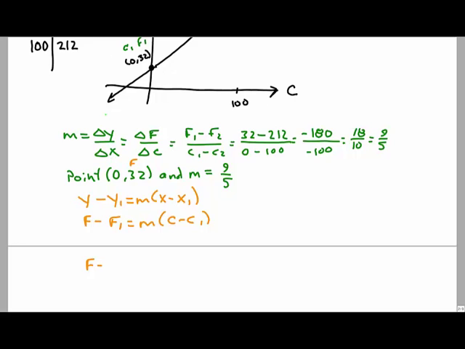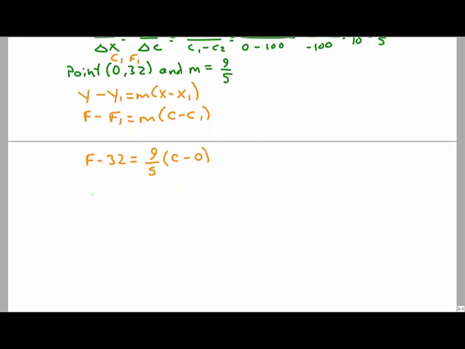My first value here was centigrade, so make sure I get these in the right spot. So this is C1, F1. So this is F minus 32 equals 9/5 times C minus 0. And this is nice because we have that C minus 0 on the right-hand side. So I have F minus 32 equals 9/5 C.